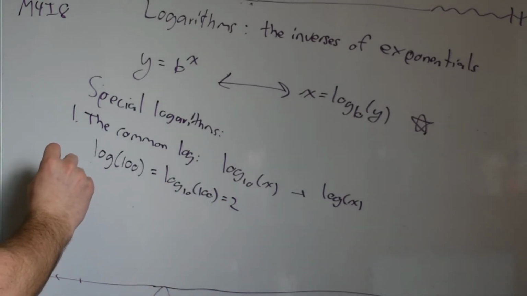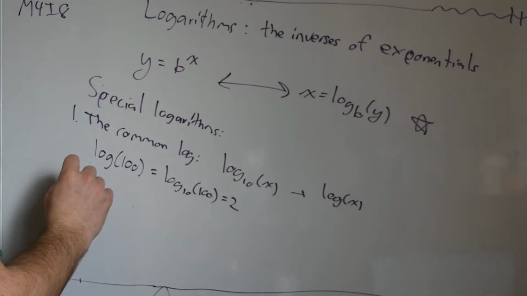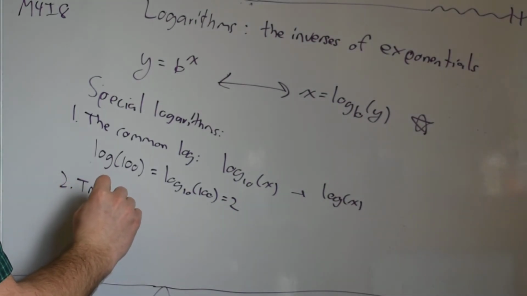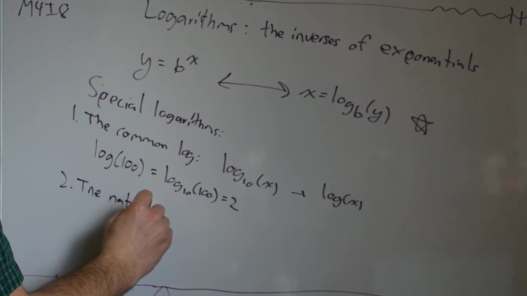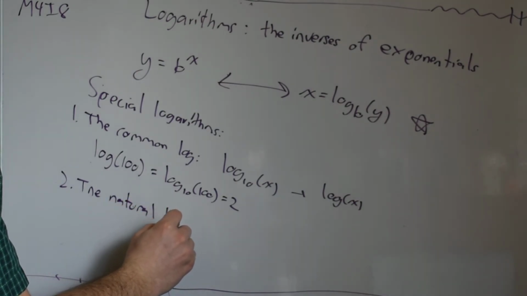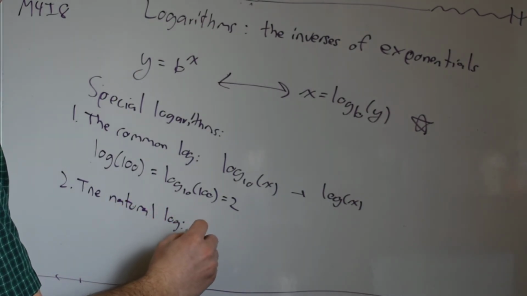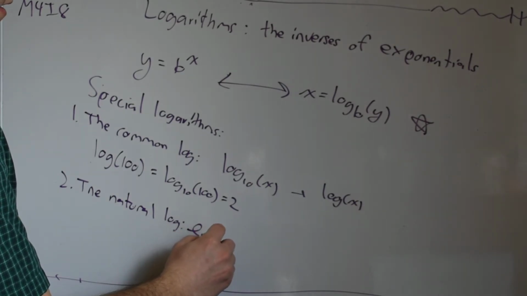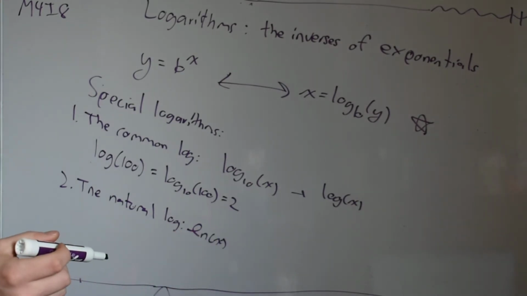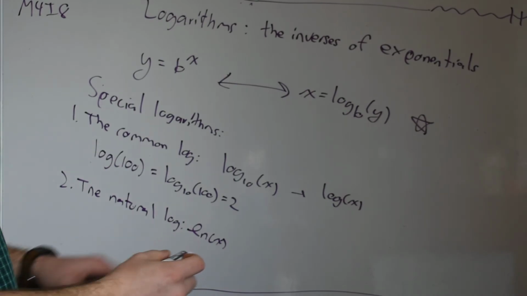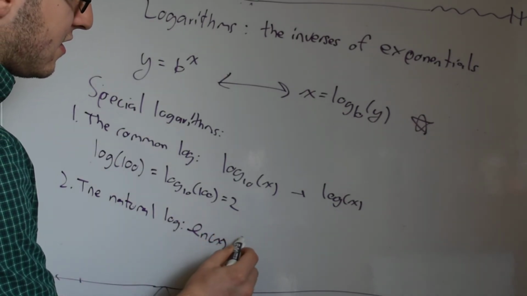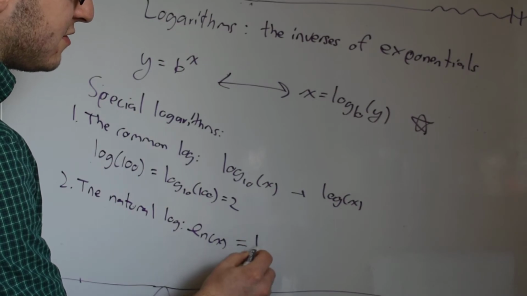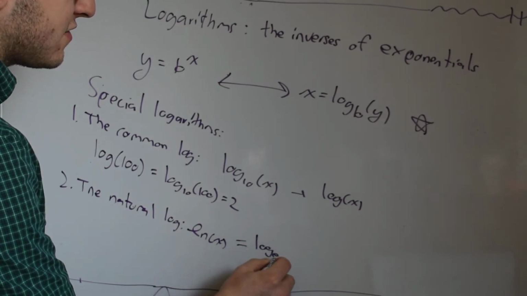The other special logarithm is called the natural logarithm. And it's denoted ln of x. Now, this is actually log base e, so that special number e we talked about last week.